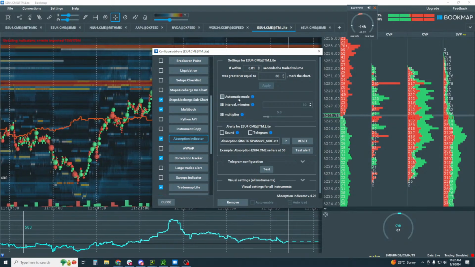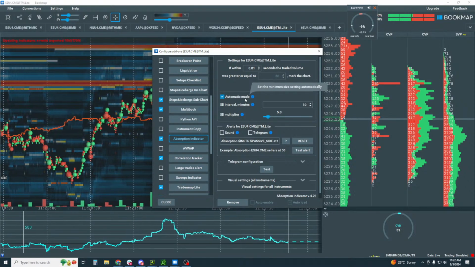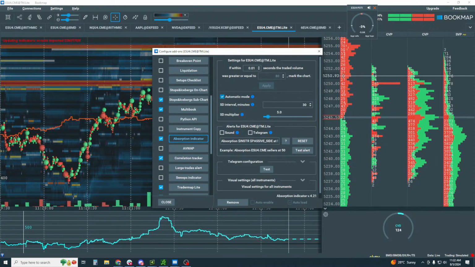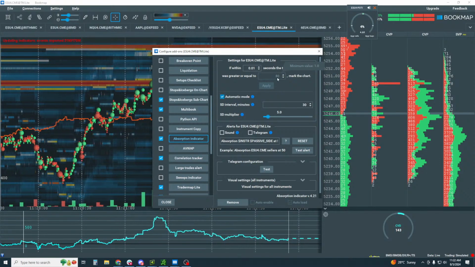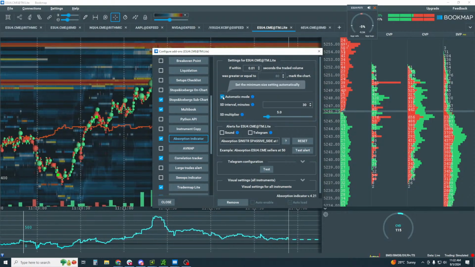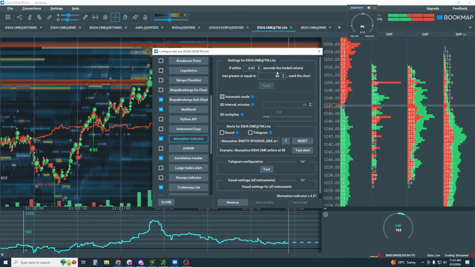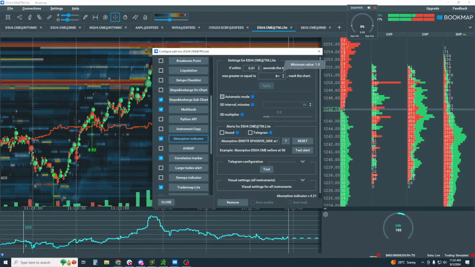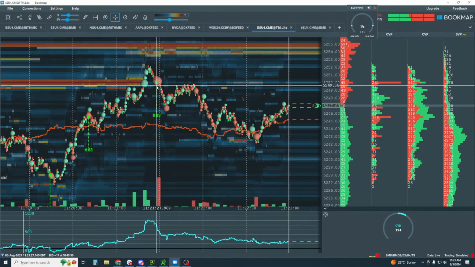I'm going to filter it, Alex, by using the automatic mode here. Once I check that box, it fills in 80 up here. Then I'm going to deselect it, and now I can put in whatever number I want here. So I'm looking for absorption when it is 80 or greater, basically. And you can see it marked it up on the charts here.